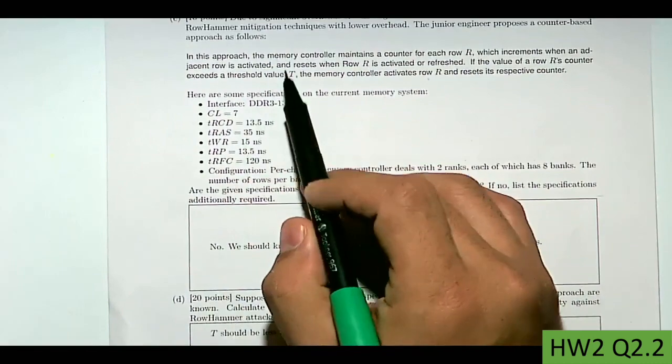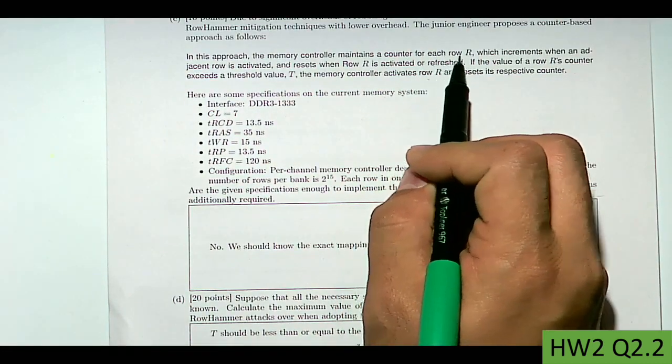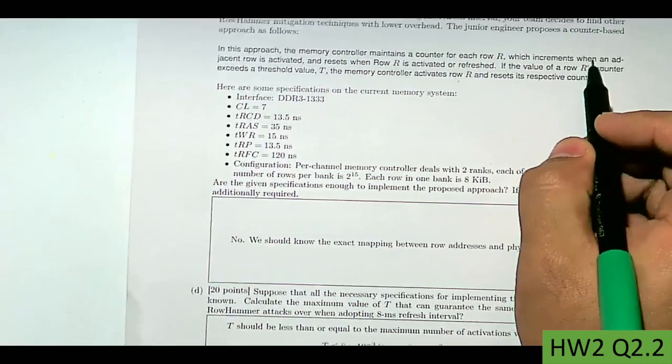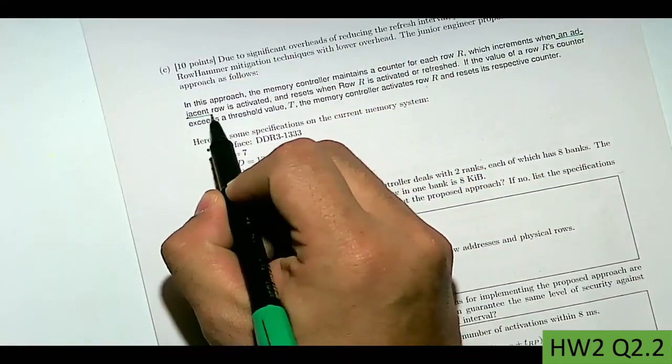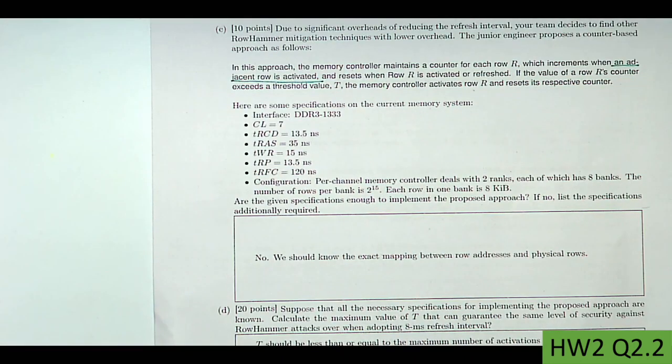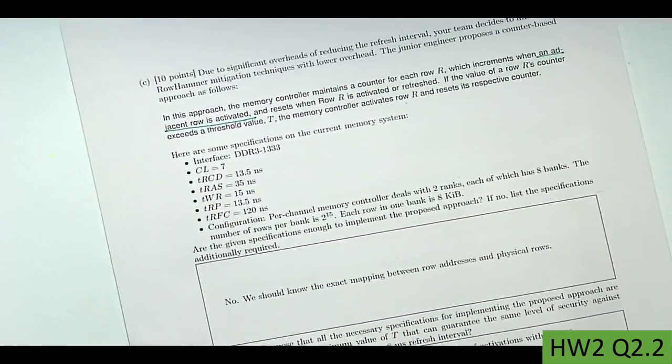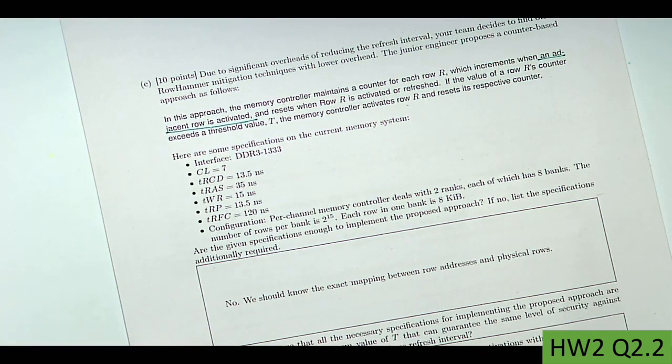In this approach, the memory controller maintains a counter for each row R, which increments when an adjacent row is activated. Note that there can be multiple approaches using counters to mitigate the RowHammer effect. For example, we can count the number of activations of a row, and if it exceeds the threshold value, we can activate the adjacent rows of the activated row, right?